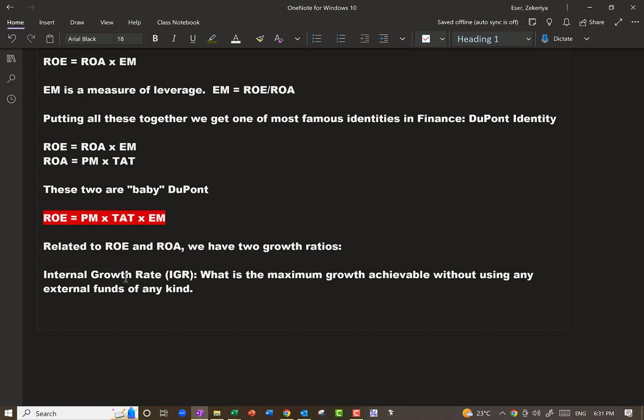And it turns out IGR is equal to ROA times, I'm going to call this B, and actually I'm going to call this A over 1 minus A, where A is equal to ROA times retention ratio.